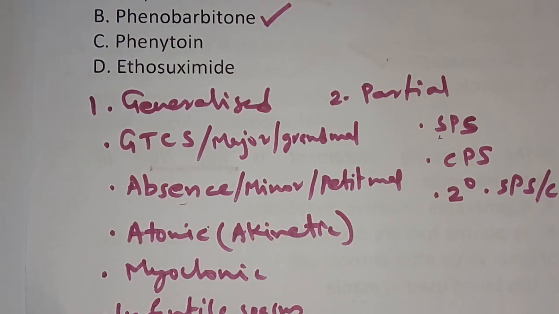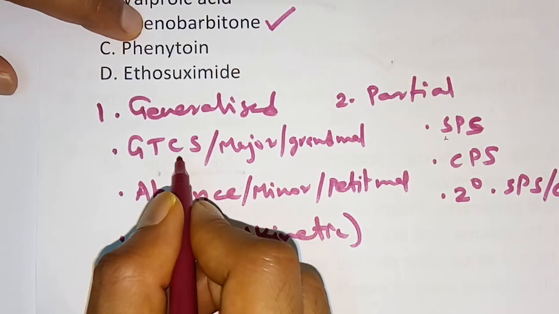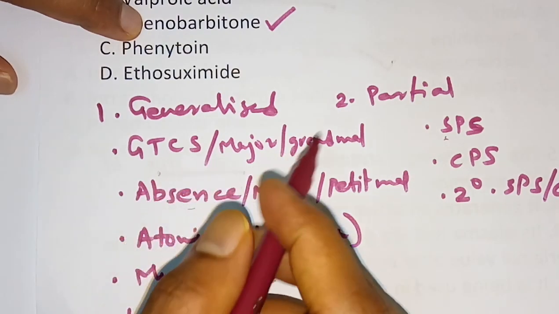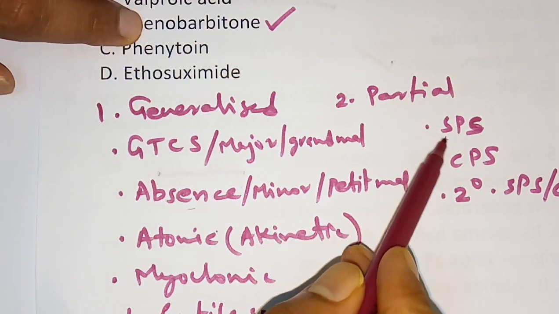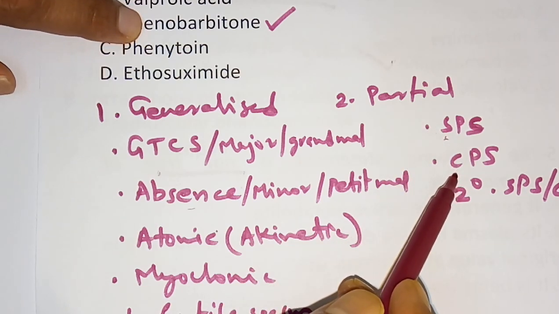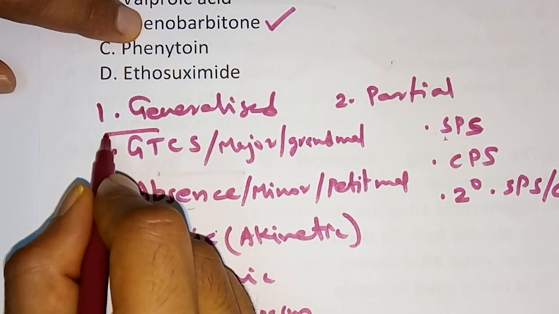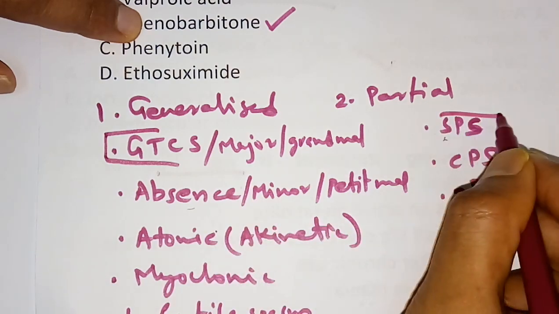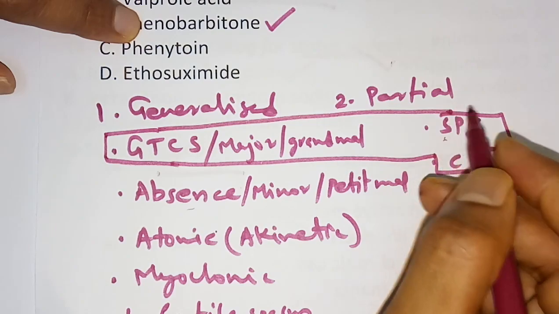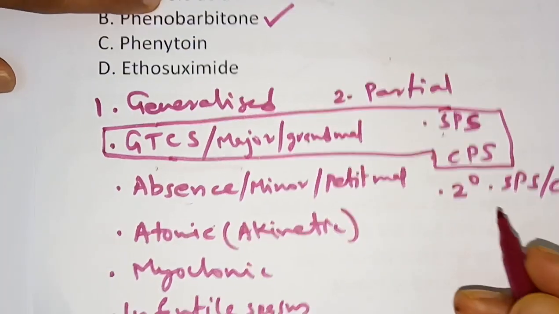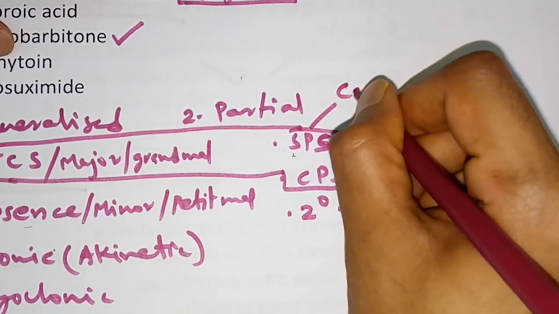In case of GTCS, that is generalized tonic-clonic seizure, as well as simple partial seizure and complex partial seizure, these three categories, the primary drug of choice is carbamazepine.